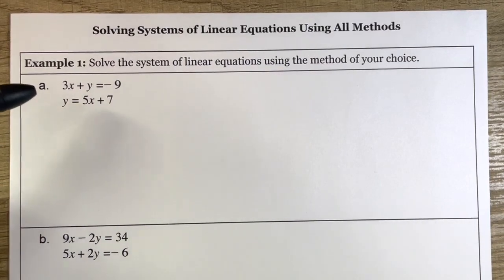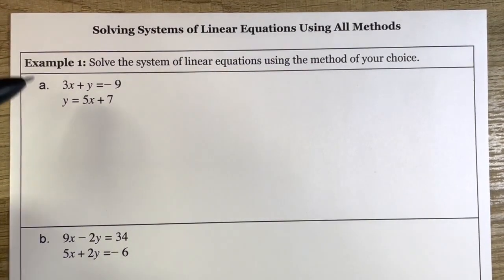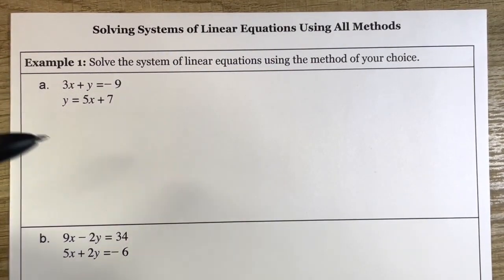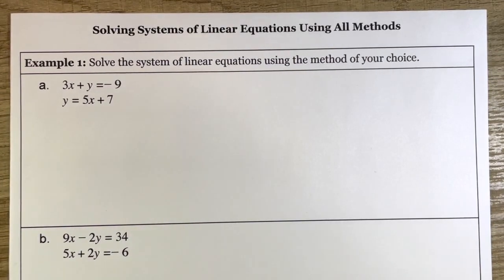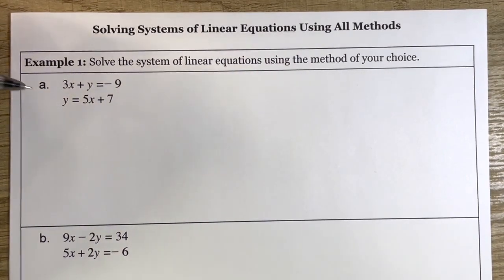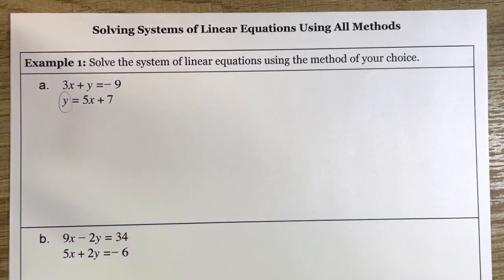If we look at A, our system is 3x plus y equals -9, and y equals 5x plus 7. So when we're deciding between substitution and elimination, if I want to go the substitution route, I'm looking for an equation that's already solved for a variable. And that means that the variable is on its own side of the equal sign by itself, like this y is.